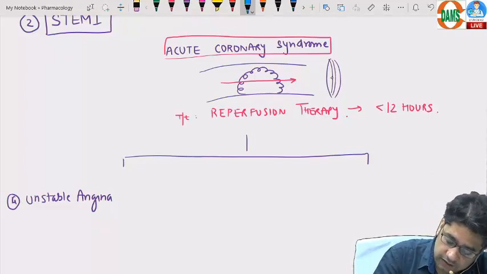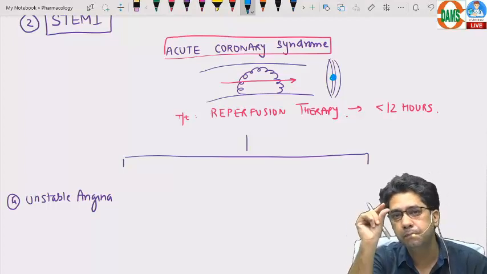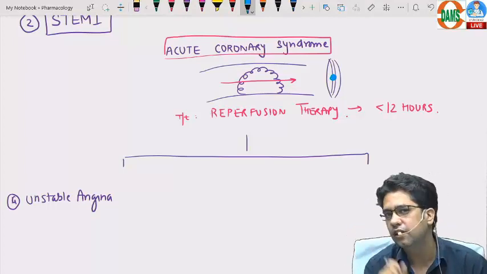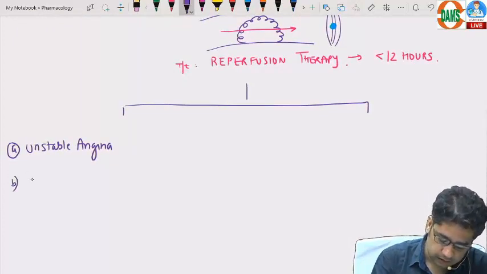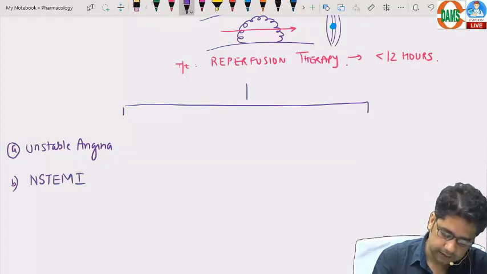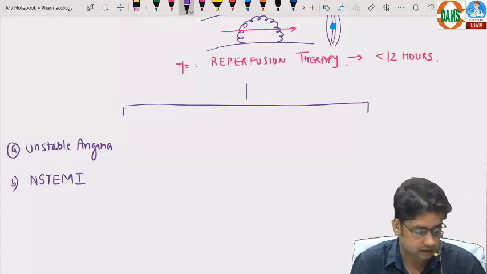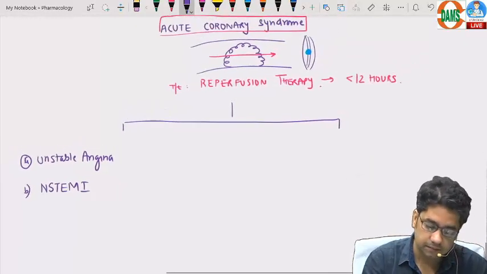After that, there will be a small infarct. Small infarct means partial thickness infarct. That partial thickness infarct is known as non-ST elevated MI.